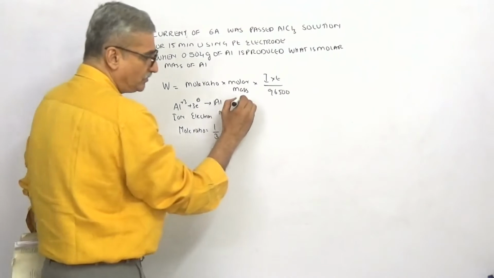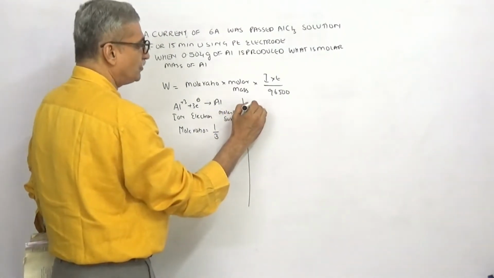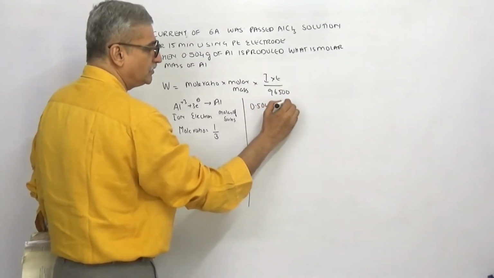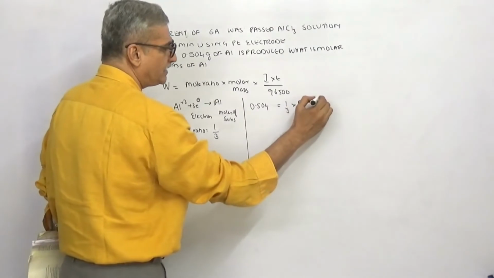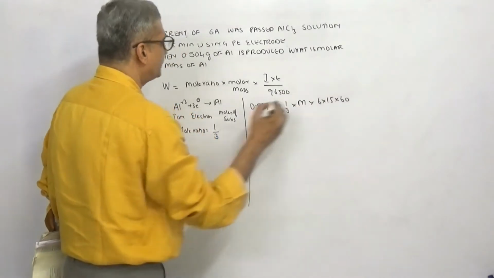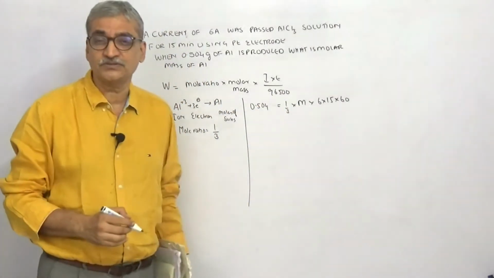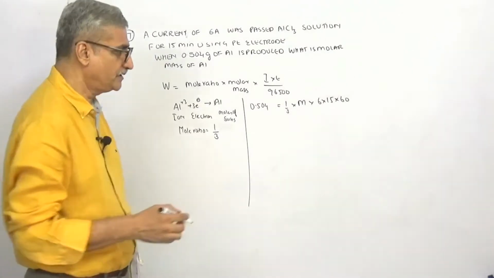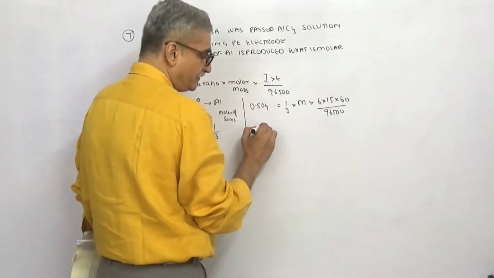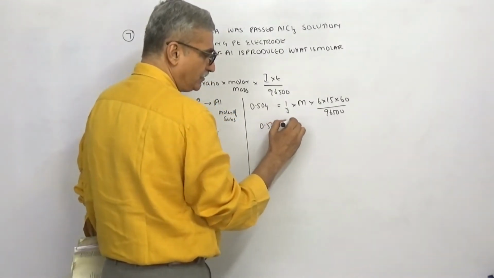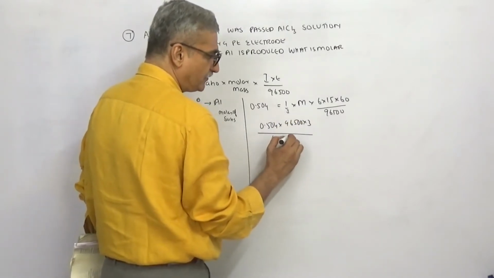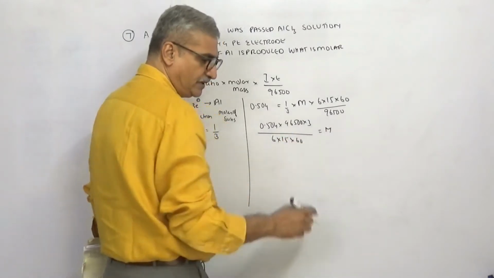Okay. So we have the other values. Weight of substance was 0.504, that is equal to 1 by 3 into molar mass into I, the current was 6, into 15 into 60. I told you 15 minutes, we got it in seconds because ampere second is coulomb. Divide by 96,500 coulomb. So 0.504 into 96,500 into 3 upon 6 into 15 into 60 will be M, the molar mass.